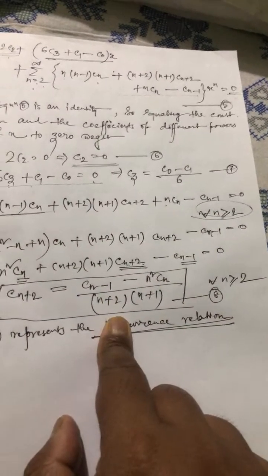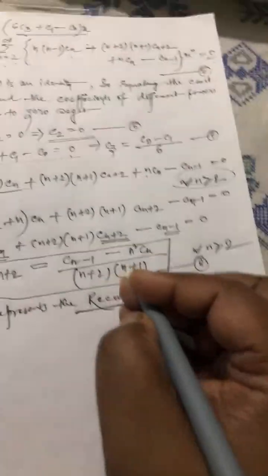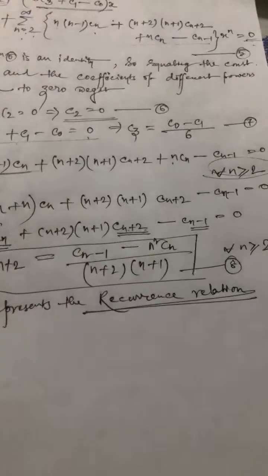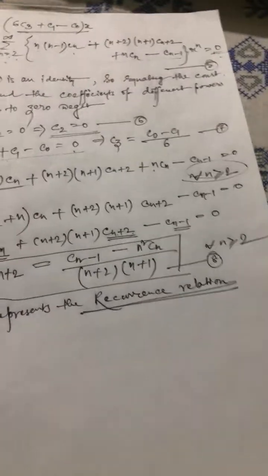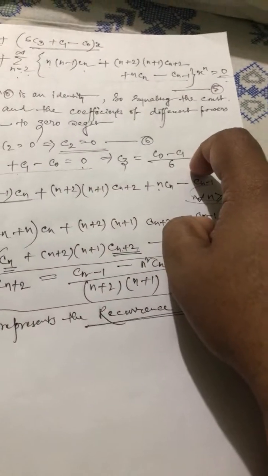In different problems you will get different recurrence relations. Now, what is the utility of this recurrence relation? Already we have obtained c2 equal to 0. I told you everything should be obtained in terms of c0 and c1. So c0 and c1, these two are independent. c3 is already obtained in terms of c0 and c1.